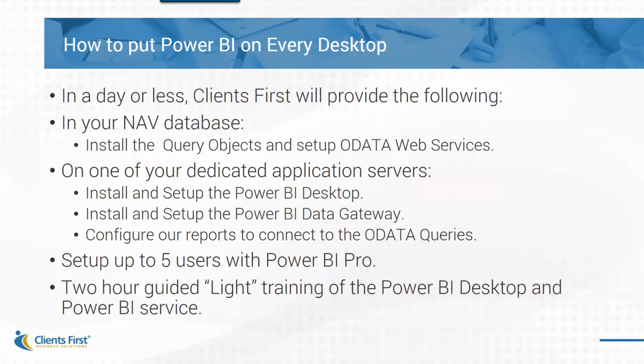Well, in a day or less, clients first can come to your offices and provide the following. In your NAV database, we can install the query objects and set up the ODATA web services. Then we would need a dedicated application server. And on that server, we would need to install the Power BI desktop and install the Power BI data gateway.